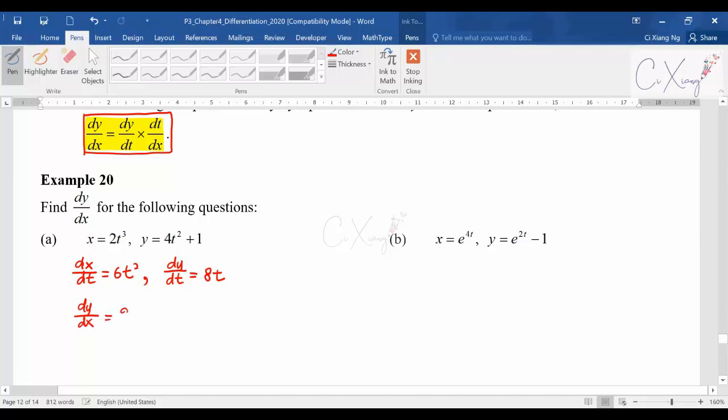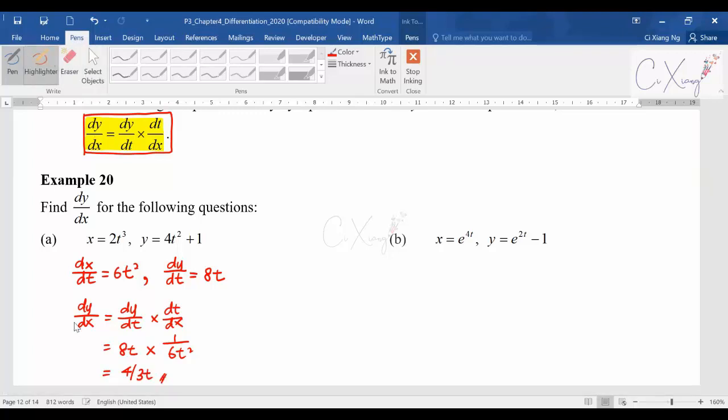Okay, and then the final answer, they want to get dy/dx. So to get dy/dx, the chain rule is dy/dt multiplied by dt/dx. So what is dy/dt? 8t. What is dt/dx? 1 over 6t squared. Alright, so from here, you will get the answer 4 over 3t as your dy/dx.